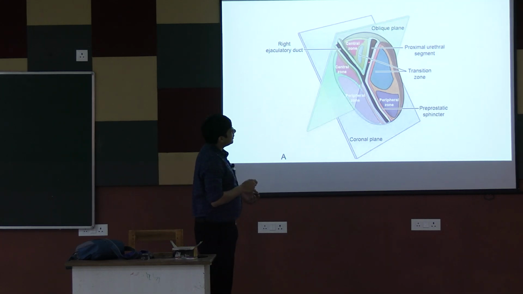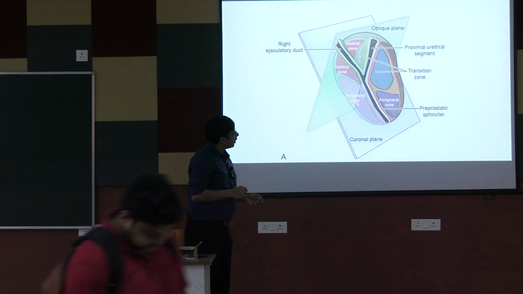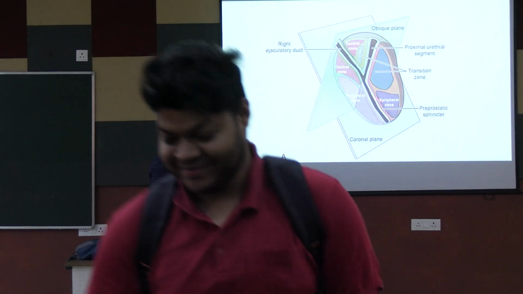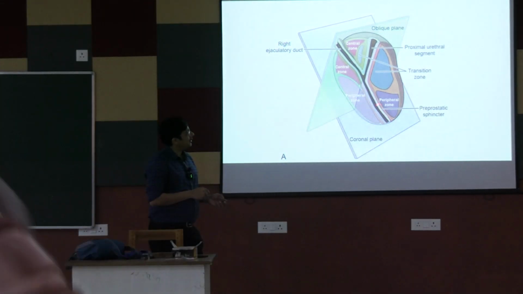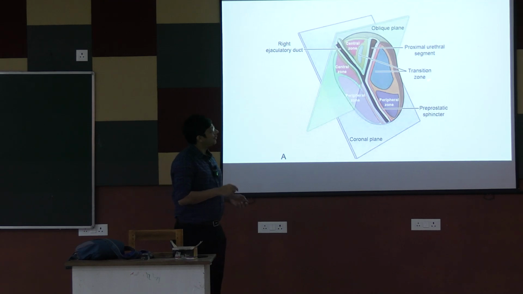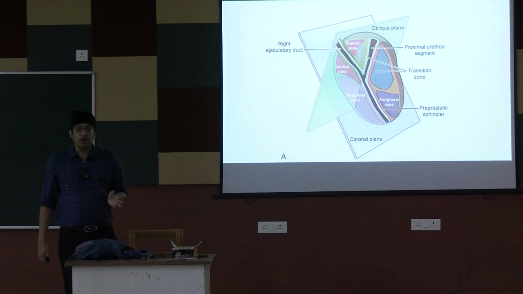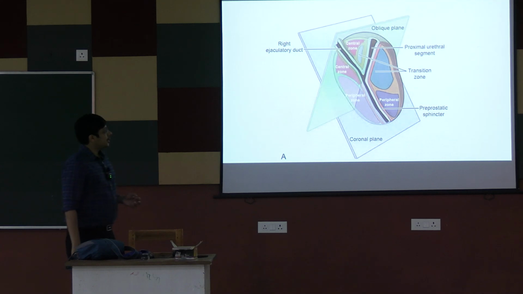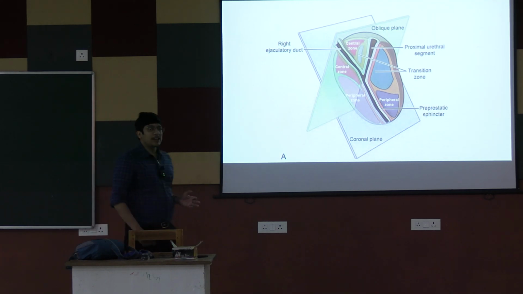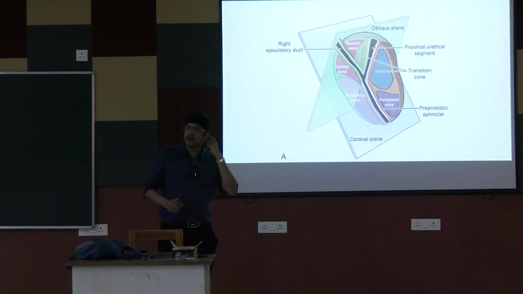The urethra is surrounded by the zone called the transitional zone. The anterior part of the urethra is surrounded by the peripheral zone, and anteriorly we have the anterior fibromuscular stroma. So what is important in this division is that different types of diseases affect different lobes of the gland normally.